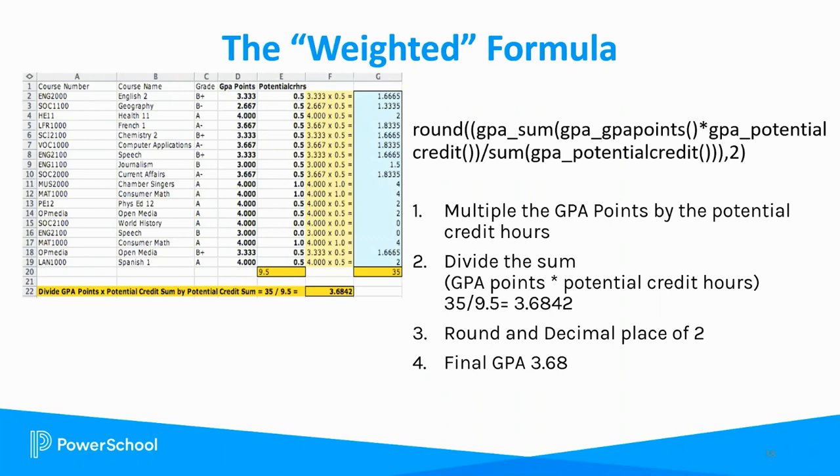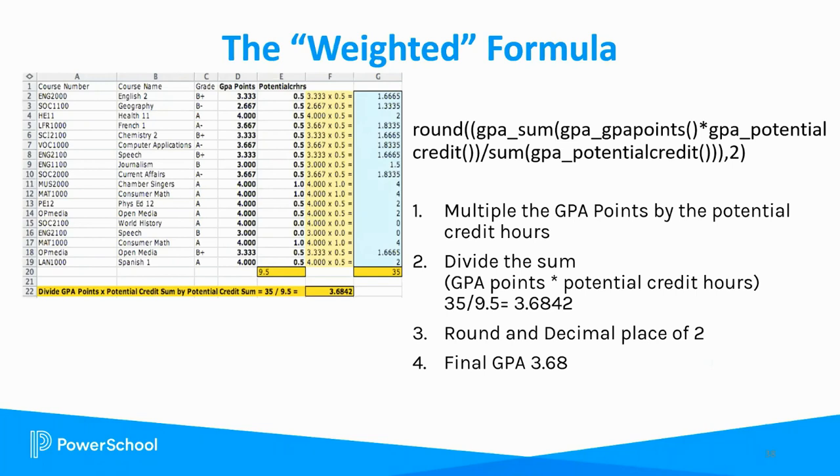So doing the math here, you see, instead of it being the 65 divided by 18, we're doing the 35 because we've done the math of GPA points times potential credit, and we got column G there. We added up column G for 35, and we added up column E, 9.5. So we have a 3.68.